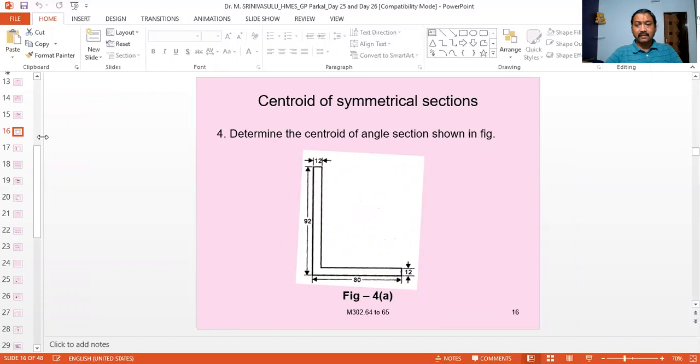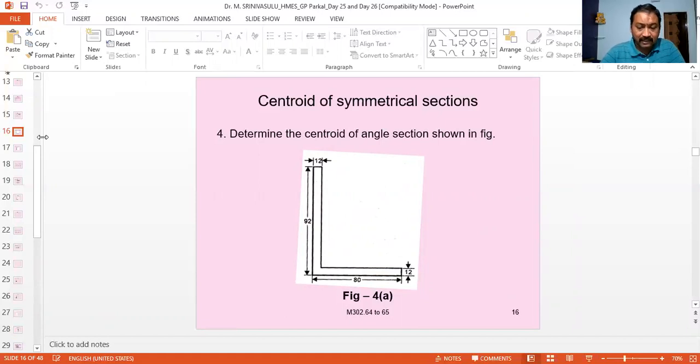Take down this figure. Here the L section, also called the angle section, is generally composed of two rectangles.